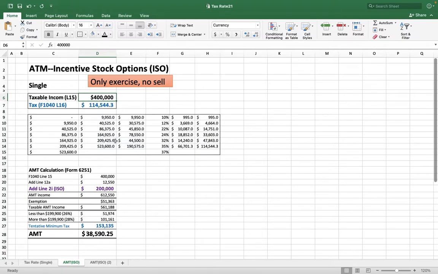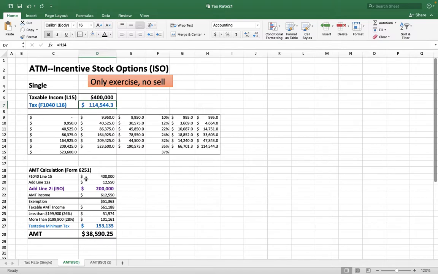Based on your taxable income, we use the tax table to calculate your tax amount, which on line 16 is $114,544.30. This is your regular tax that you would be subject to.